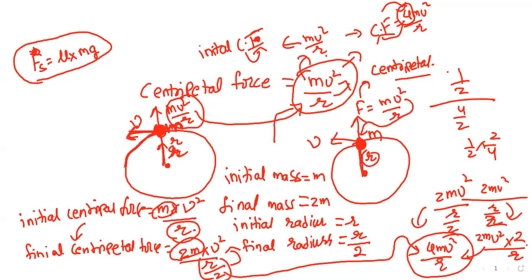A 50-kilogram girl is riding her bicycle in circles with a radius of 5 meters. Okay, now let's just analyze the situation. There is a girl. I'm sorry, don't mind me about the diagram, I'm not good at these things. Let's say this is a girl and she's riding a bicycle, right?